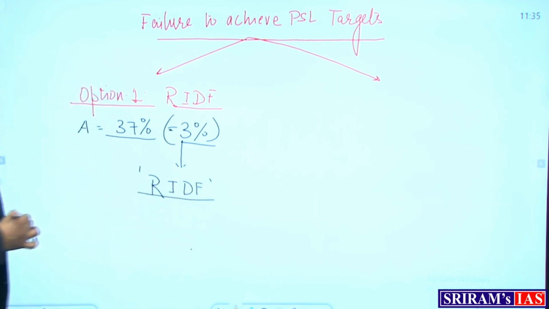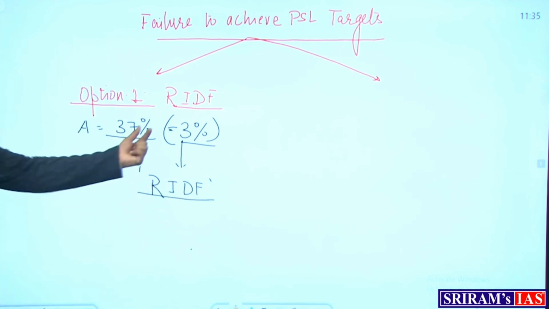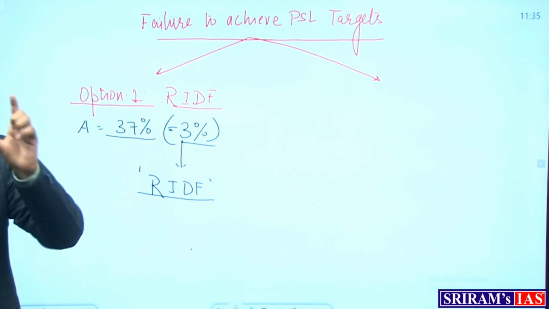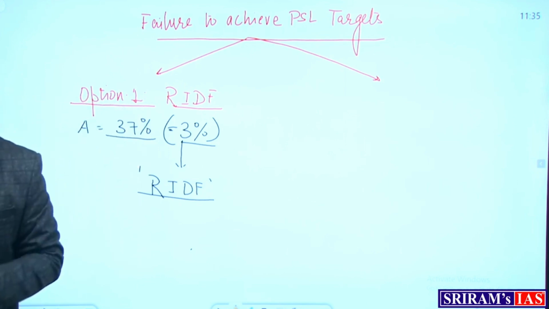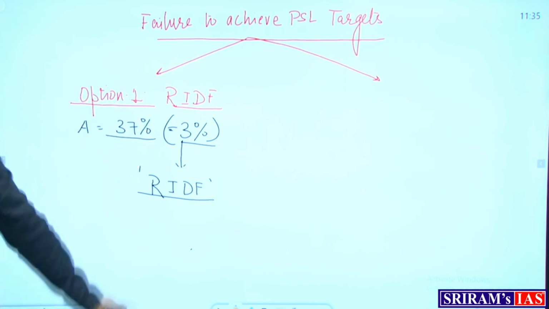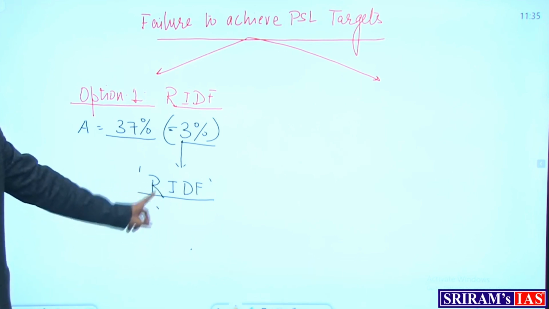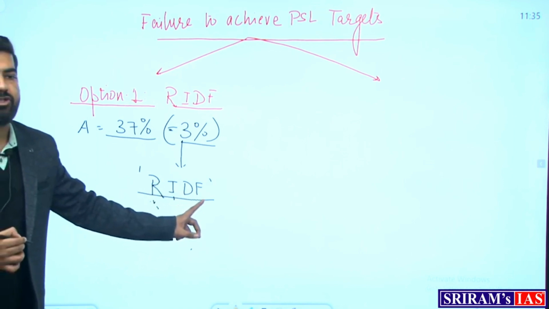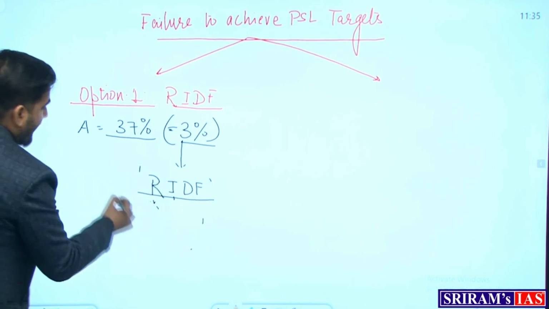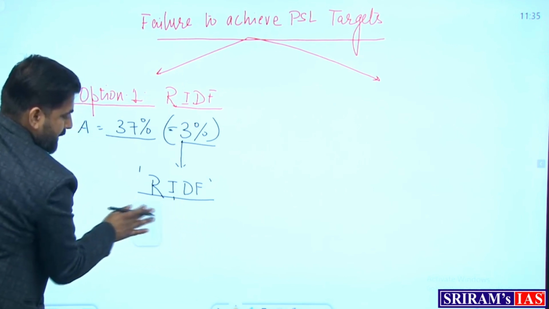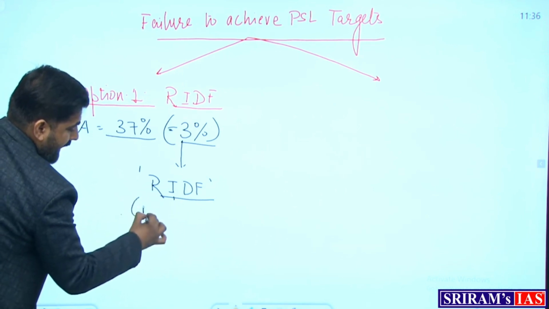RIDF is Rural Infrastructure Development Fund. So this remaining money which you haven't lent, that means the shortfall in the overall PSL lending, should be deposited to RIDF, Rural Infrastructure Development Fund. In bracket you can write it down, managed by NABARD.